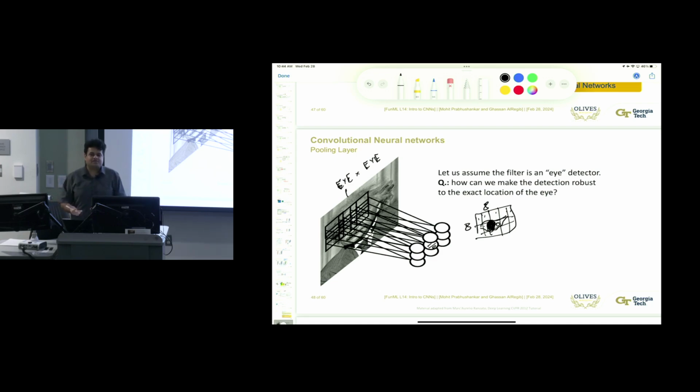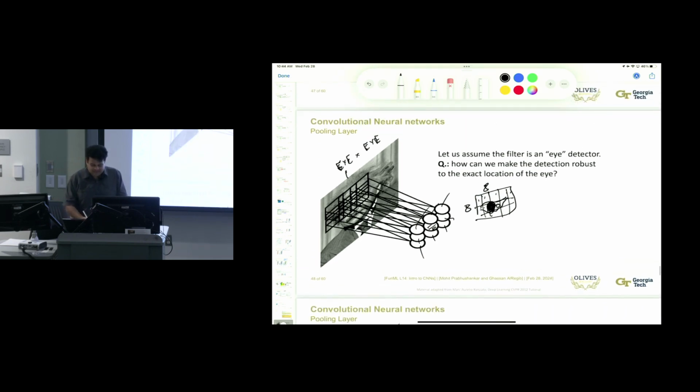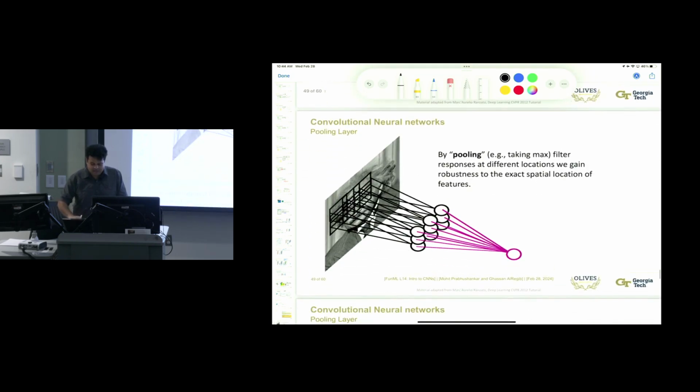If your goal is an eye detector, all these other elements don't matter to you. The only thing that matters is the highest element, the one giving you this kind of autocorrelation. That is essentially what max pooling is. It just takes the maximum element within your activation map and uses that.